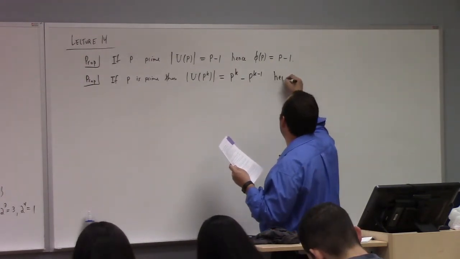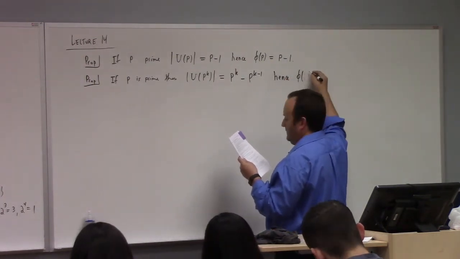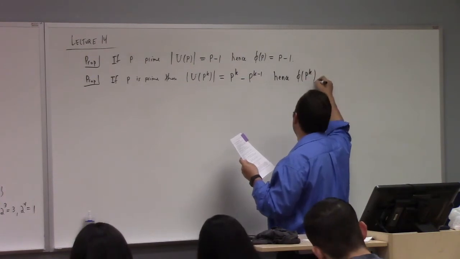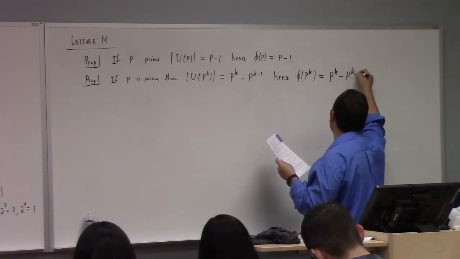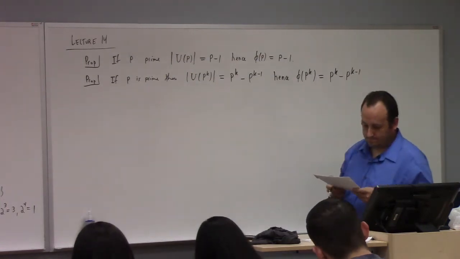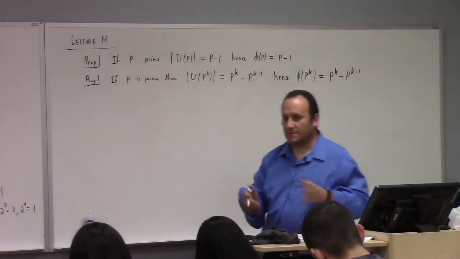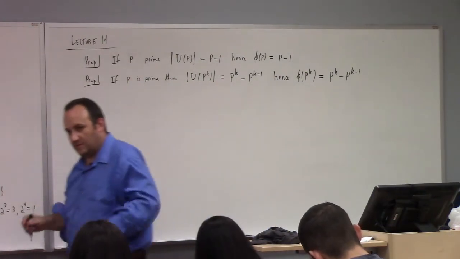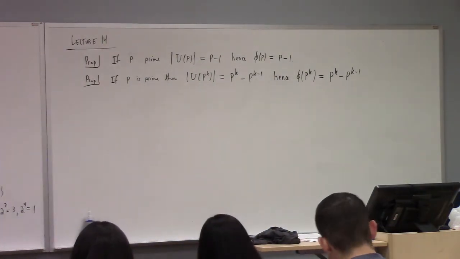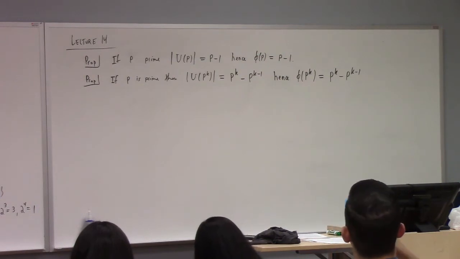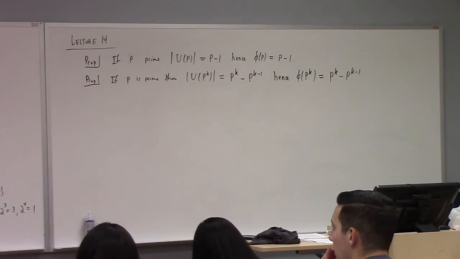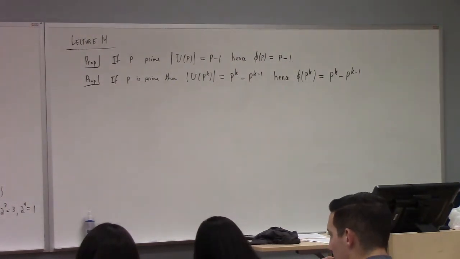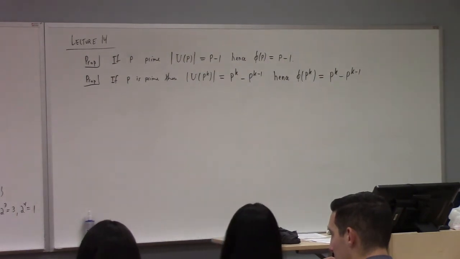Hence, phi of p to the k is equal to p to the k minus p to the k minus 1. Both of these propositions are simply proved by looking at the numbers that go from 1 to p, or 1 to p to the k, and just eliminating the ones which are multiples of p.